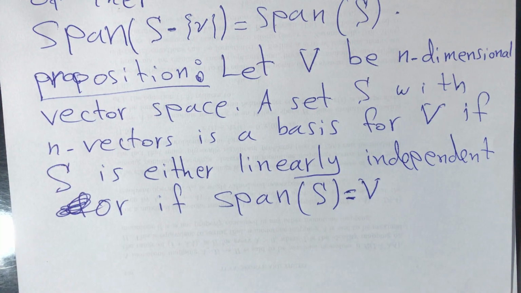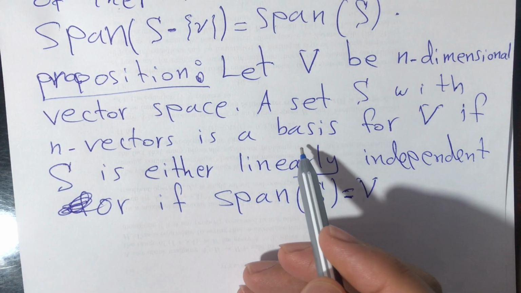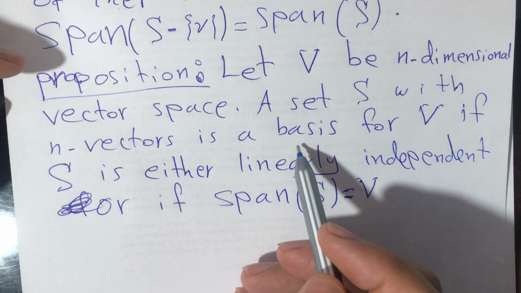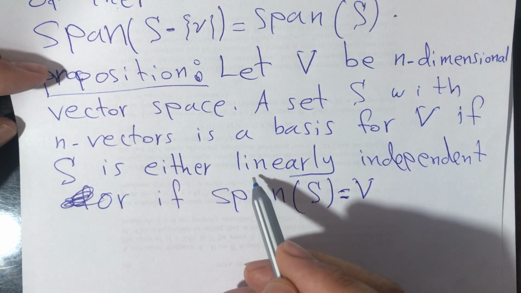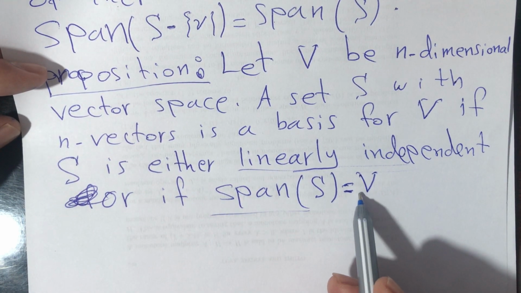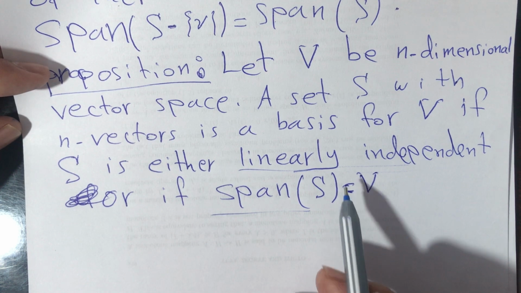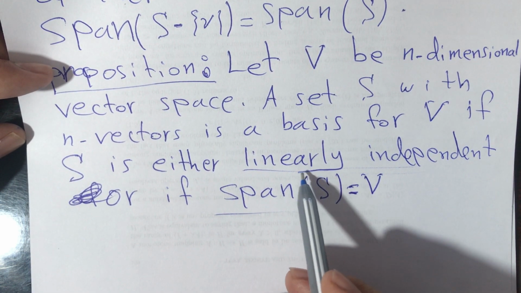You remember we say a set is a basis for vector space V if this set satisfies two conditions. The first condition is linearly independent, and span S must be equal to V. We have to satisfy these two conditions.